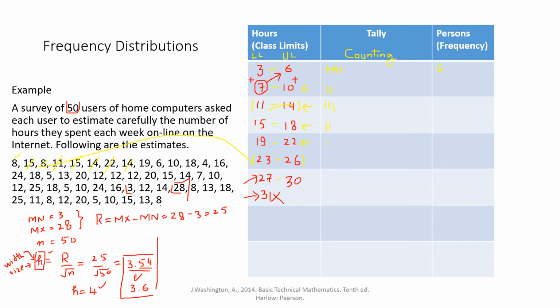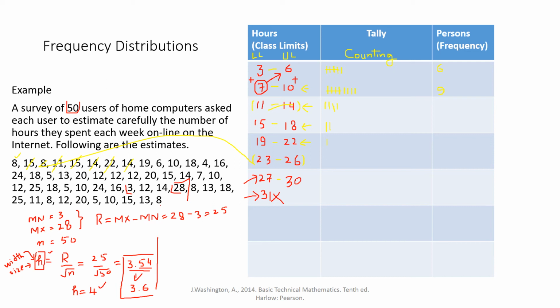So 2 I did for you, 3, 4. I told you the 5th will be crossed on it. 6, 7, 8, 9. So we write 9 here. The third one is 16.